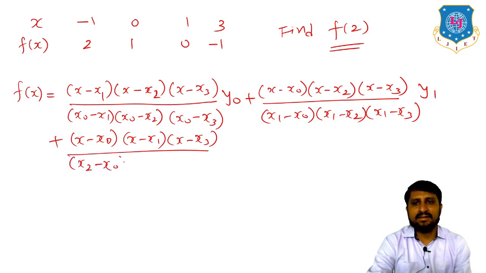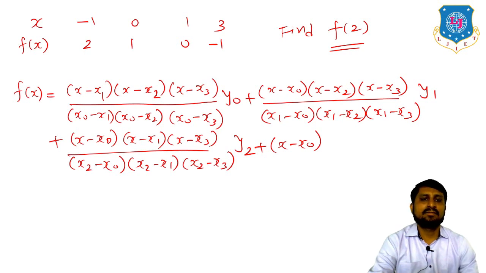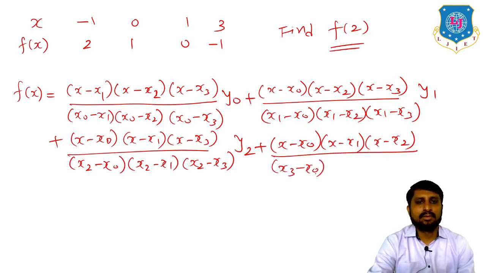So x2 minus x0, x2 minus x1, x2 minus x3 into y2. And similarly, x minus x0. In the last term, x3 is missing, so x minus x0, x minus x1, x minus x2 upon x3 minus x0, okay, x3 minus x1, x3 minus x2 into y3.